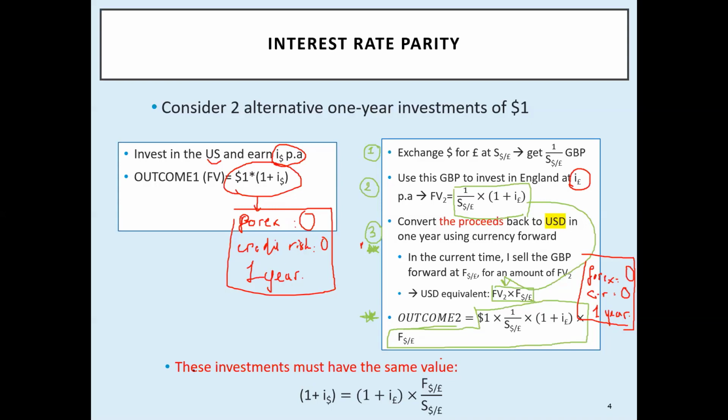Given that these investments have the same risk profiles, I'm going to argue that the investment returns for both options should be the same as well, which means that outcome one, on my left-hand side, should be equal to outcome two.